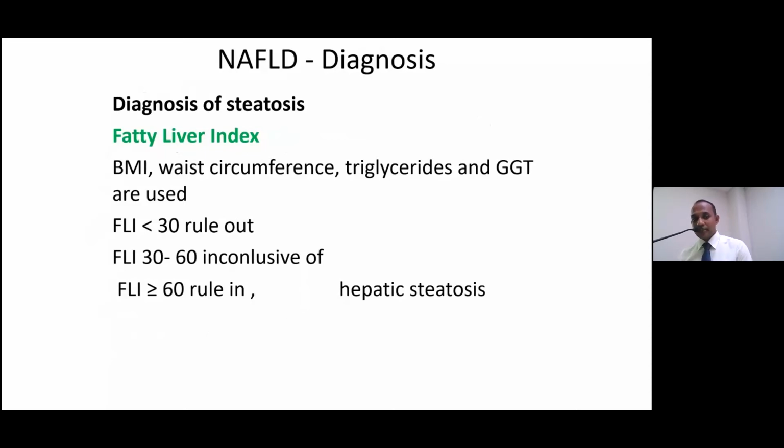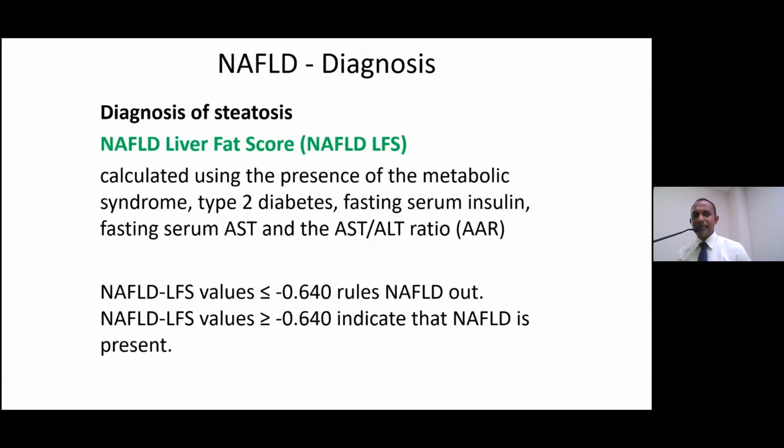Above 60 rules in steatosis, and if the value falls between 30 and 60, it's inconclusive for hepatic steatosis. And then there is the NAFLD fatty liver score. Again, it considers metabolic syndrome, type 2 diabetes, and fasting insulin, which is not commonly seen in our practice. I mean, we hardly do it because of the cost.